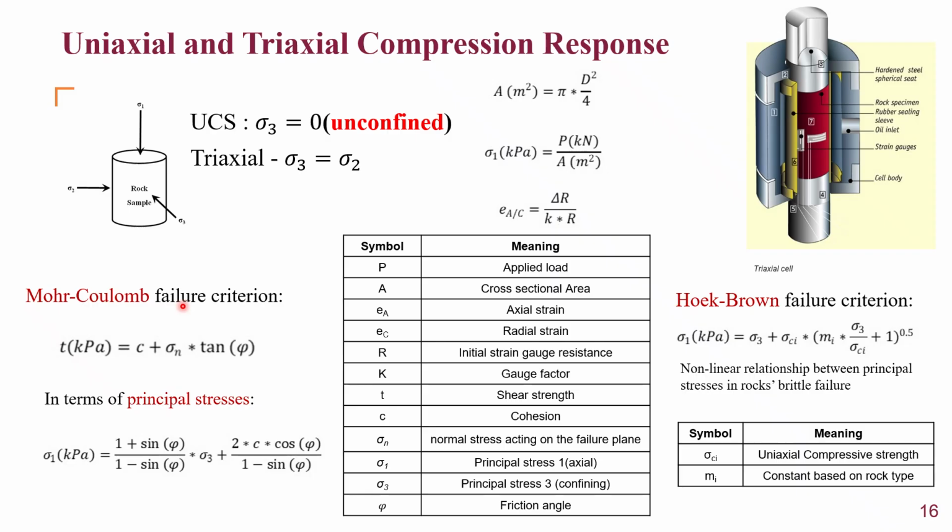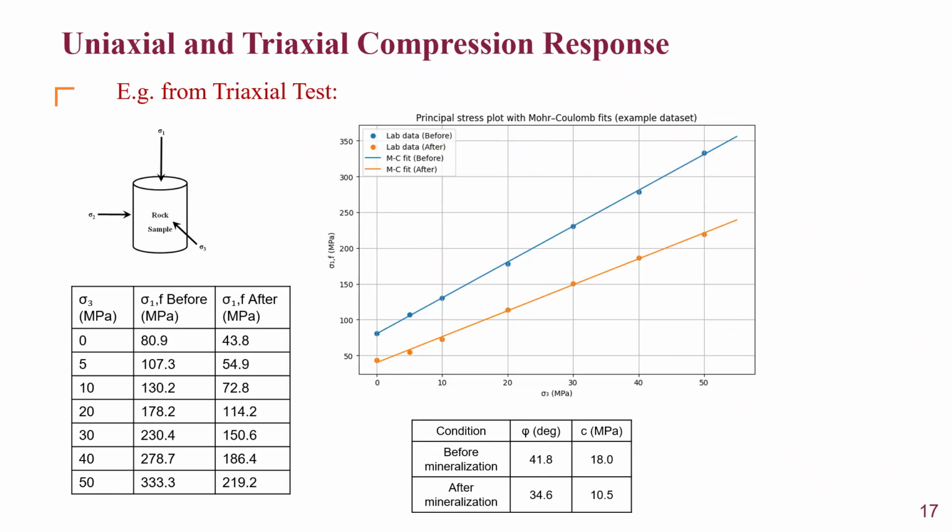We'll see an example here where data from a mineralized sample and an unmineralized, intact rock sample compare to each other in terms of the Mohr-Coulomb failure criterion. Now, in this example, a triaxial test is done on a mineralized sample, that's after, and then the before sample, that's the intact rock.